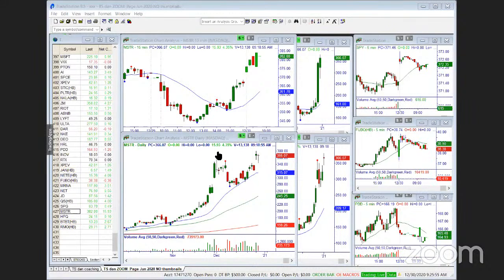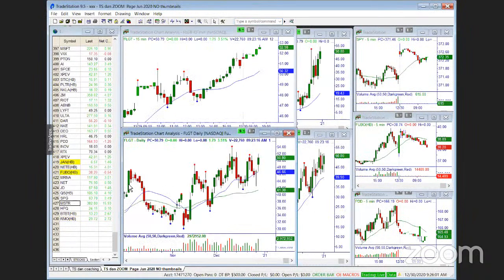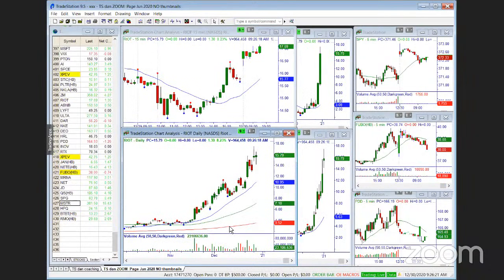All right, and today is asking about FLGT. It's a sloppy trading range. I have no interest in it myself. It's a little gap breakout, isn't an uptrend on the 15, unless you're just going to day trade some type of pattern that sets up. It's not great. Riot.